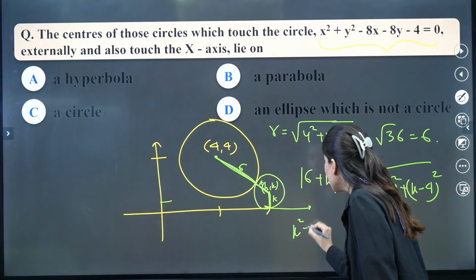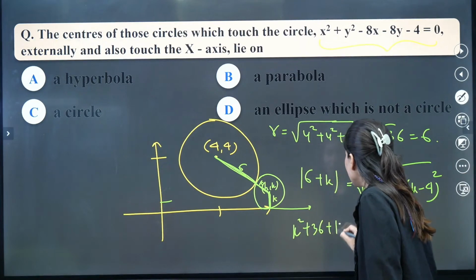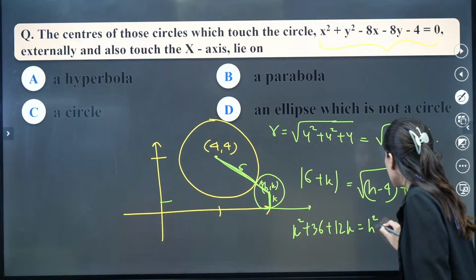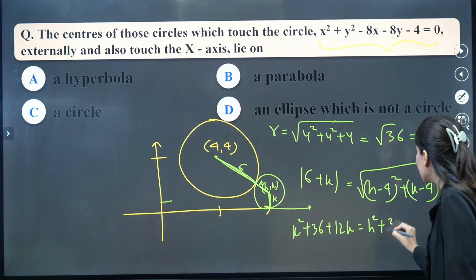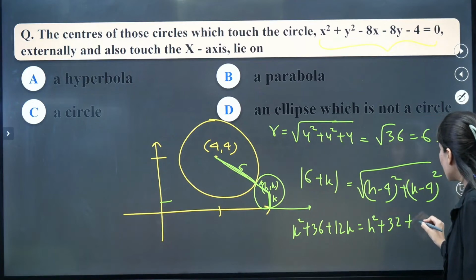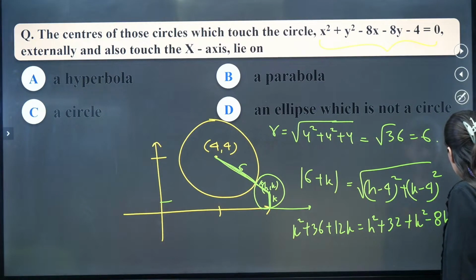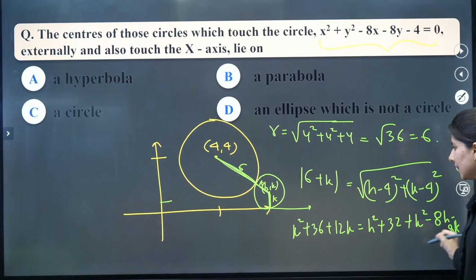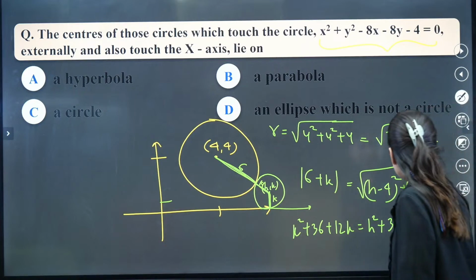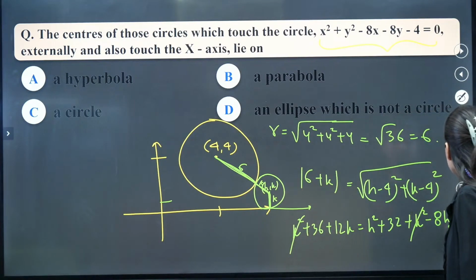So k square plus 36 plus 12k is equal to h square plus 16 plus 16 which is 32, plus k square minus 8h minus 8k. Okay, if you solve this, k square is going to cancel out.